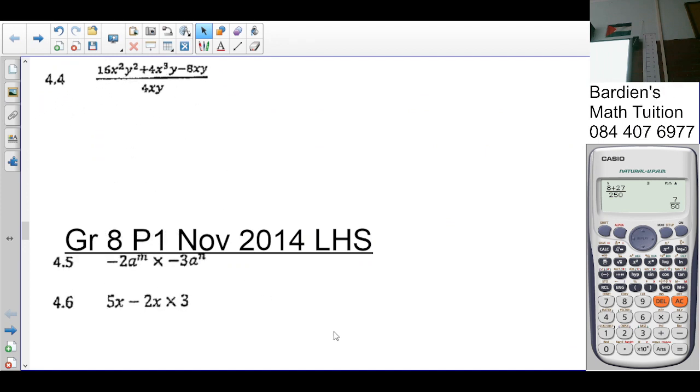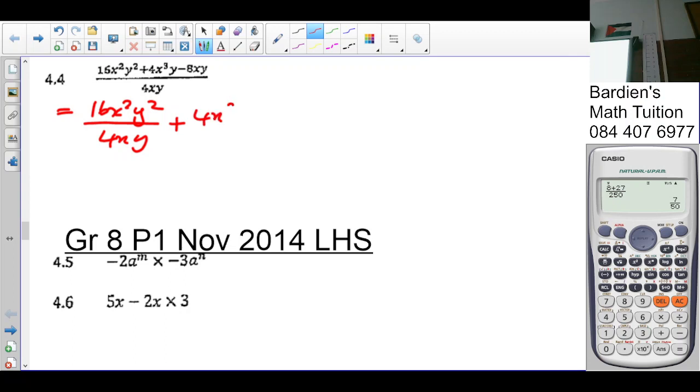4. Again, what do we do here? We write each one over its own. So we put each term of the numerator over its own denominator there. So it's going to be plus 4x cubed y over 4xy minus 8xy over 4xy.